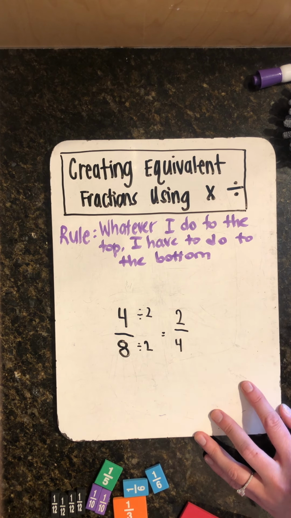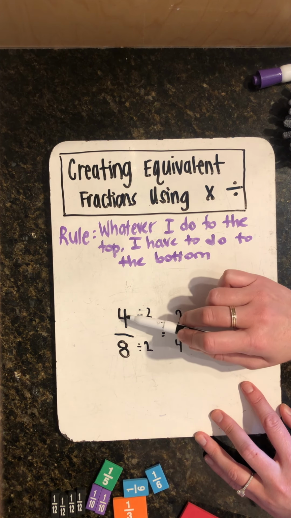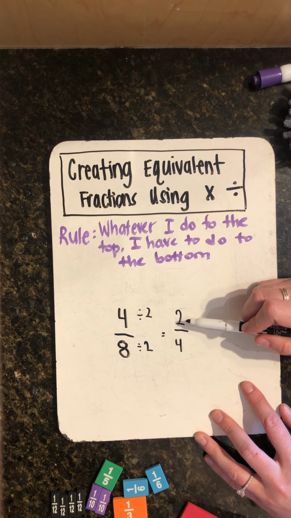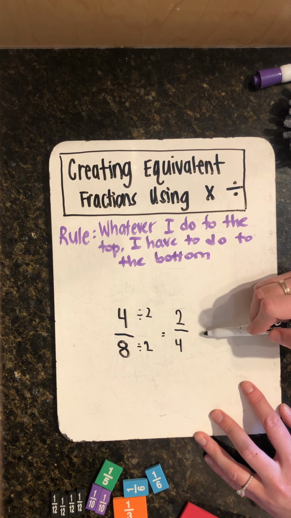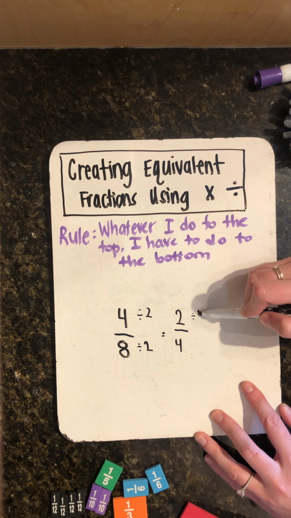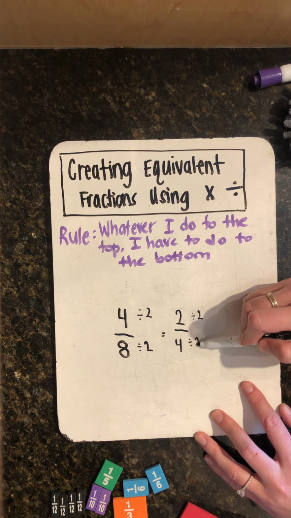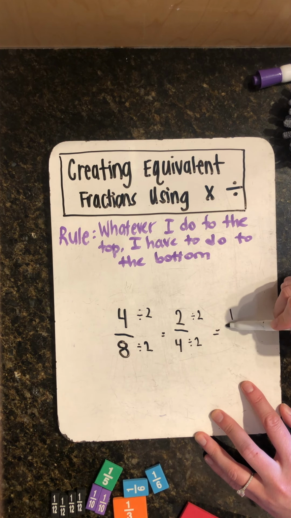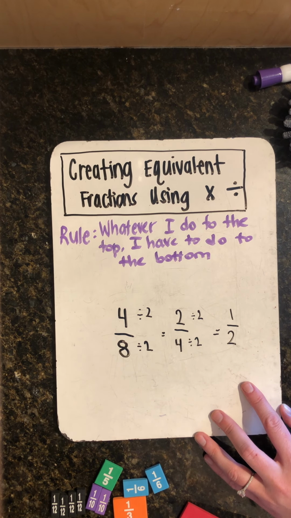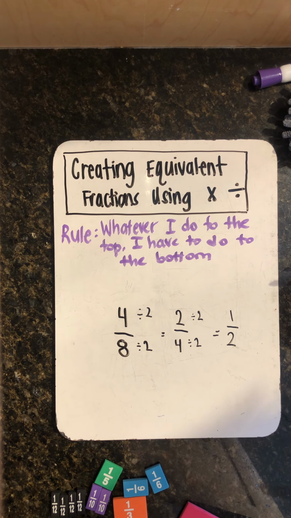Are you noticing something? We know that 4 is half of 8. We know that 2 is half of 4, so we could even create another equivalent fraction because we know that these fractions are equivalent to 1/2.